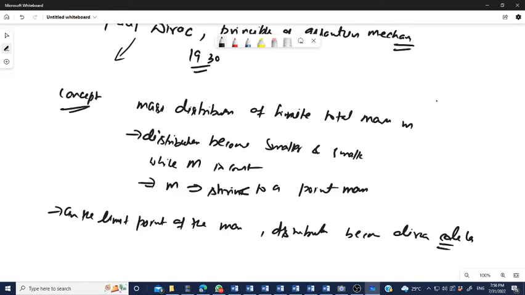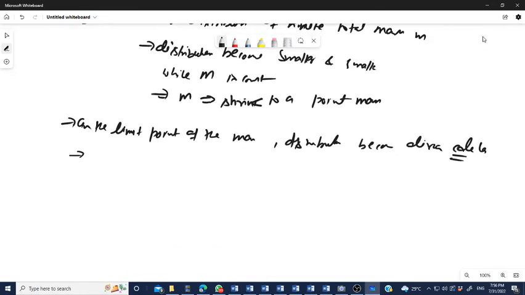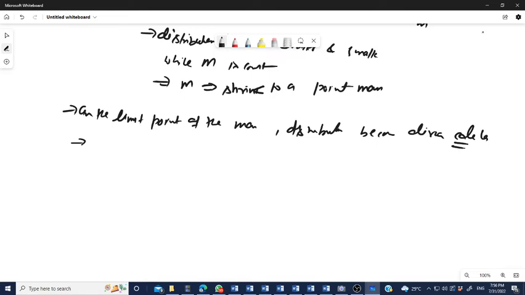So the next question is the derivative of the delta function. This question has been asked in the GATE exam.